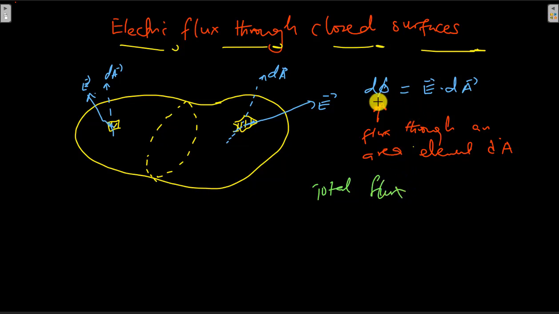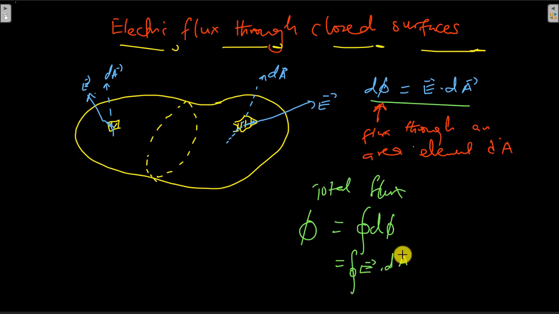Now if we want to find the total flux through the whole surface, we have to integrate this equation. So in that case, the total flux is the integral of d phi. Now this is a closed surface, so we have to integrate over the closed surface. That's very important. So we'll have the integral over the closed surface of d phi, but d phi is E dot dA.